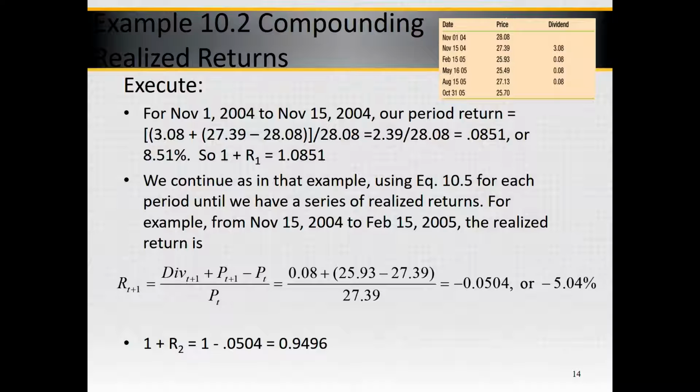1 plus R1 will be 1.0851. We continue, as in this example, using this equation for each period until we have a series of realized returns. For example, from November 15, 2004 to February 15, 2005, the realized return is the dividend of 8 cents plus the price on February 15, $25.93, minus the price on November 15th of $27.39, divided by $27.39, and we see that our return over this period is minus 5.04%.